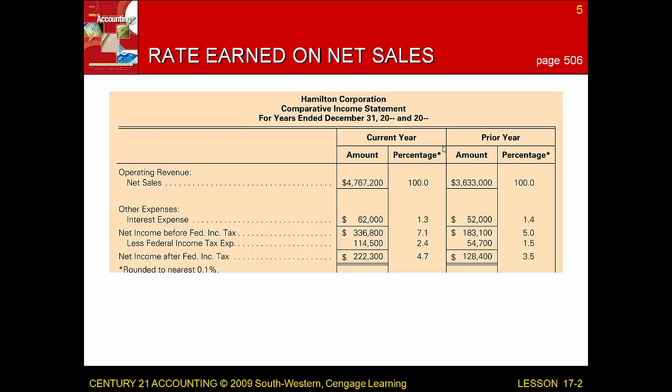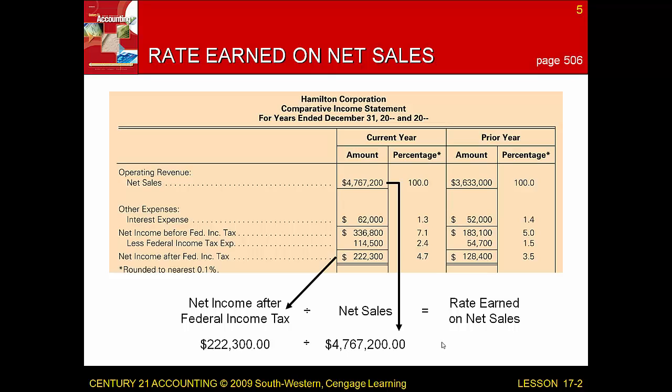So how do we go through and do this? We're going to take a look at our net income after federal income tax. Divide by our net sales, which is going to give us our rate earned. Okay, our 4.7.